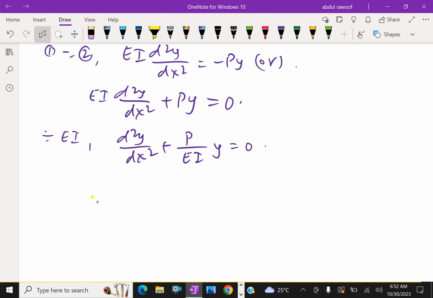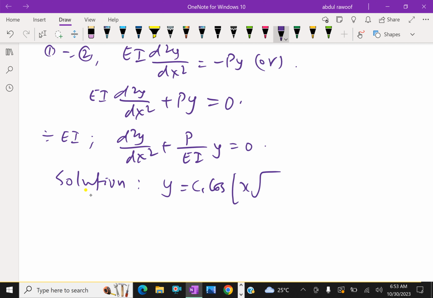Therefore, the solution of the above equation is y equal to C1 cos x root of P over EI plus C2 sin x root of P over EI.